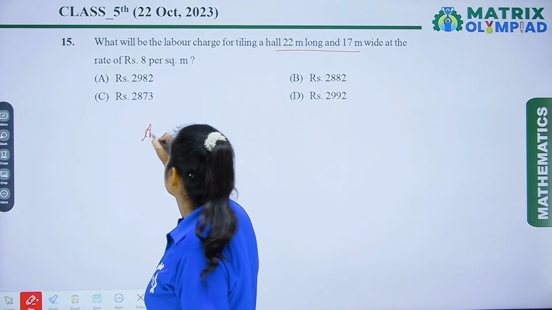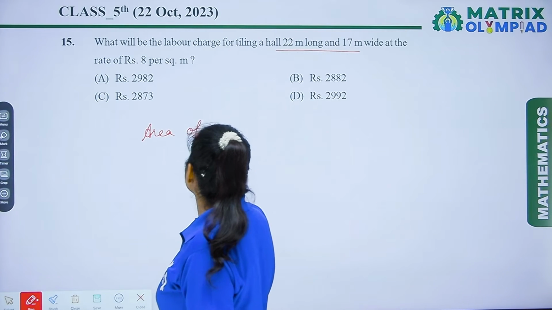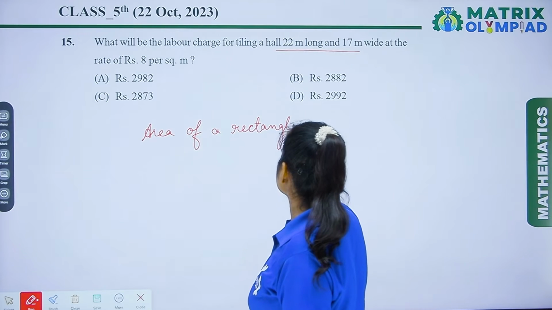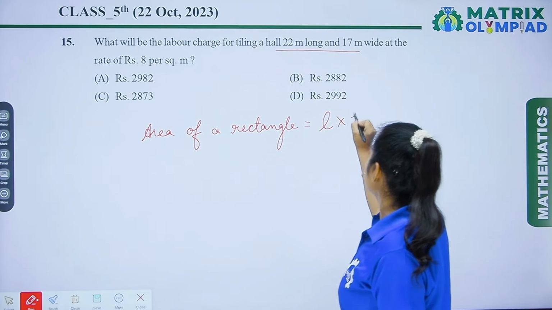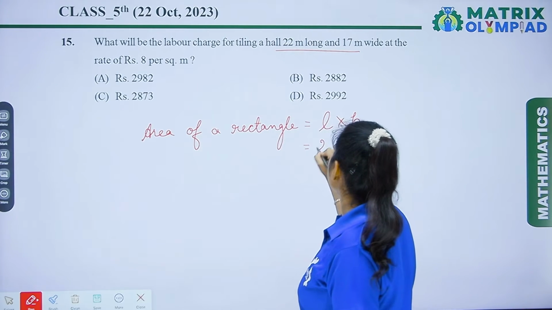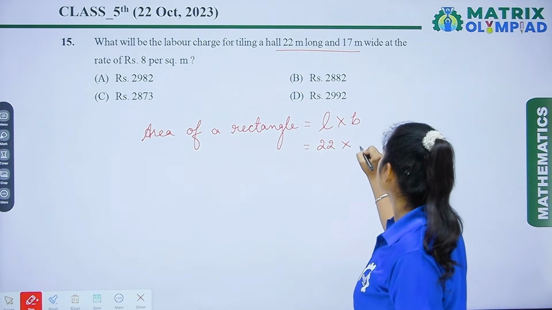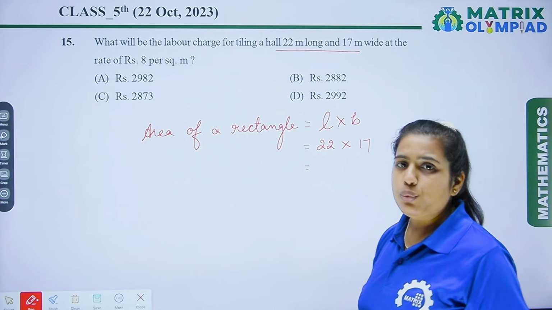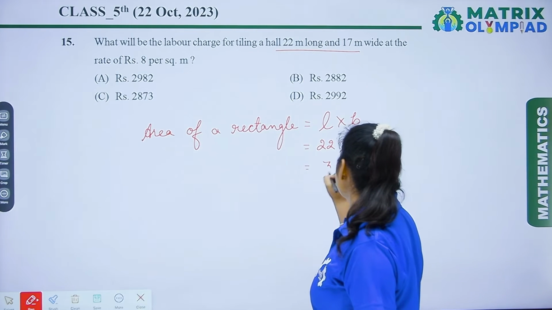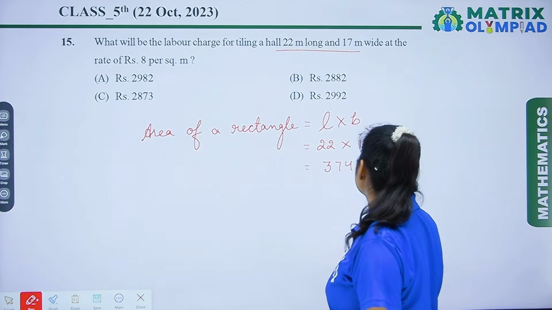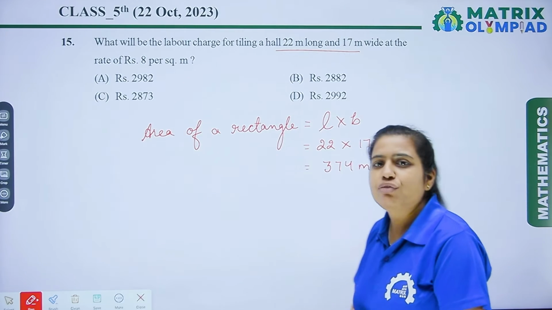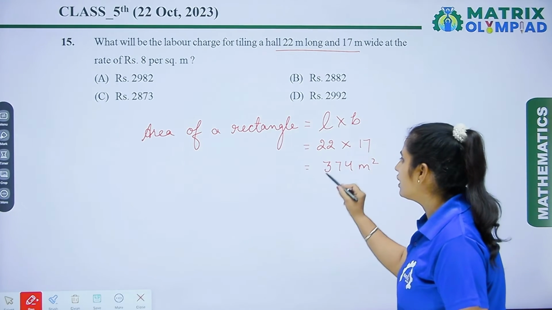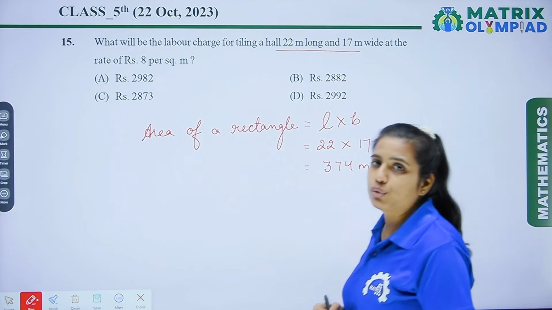So we know that the area of a rectangle is length into breadth. Here L into B, and we have length 22 meter and breadth 17 meter. So the product of 22 and 17 is 374 meter square. So we have to find the labor charge for tiling a hall which has an area of 374 meter square.